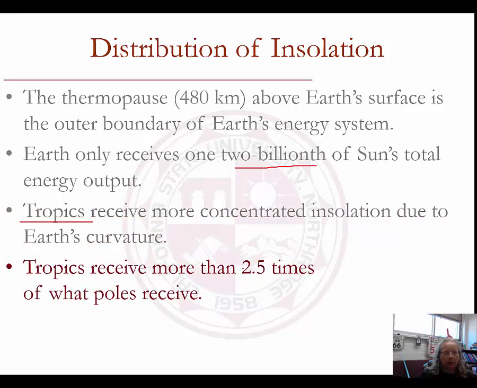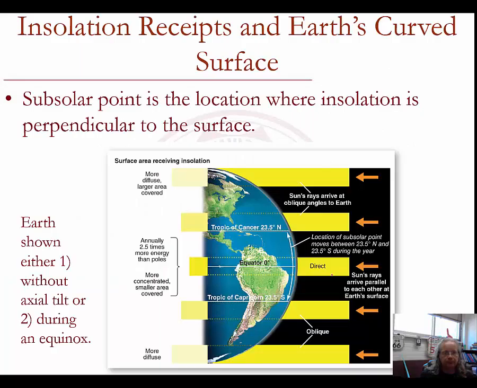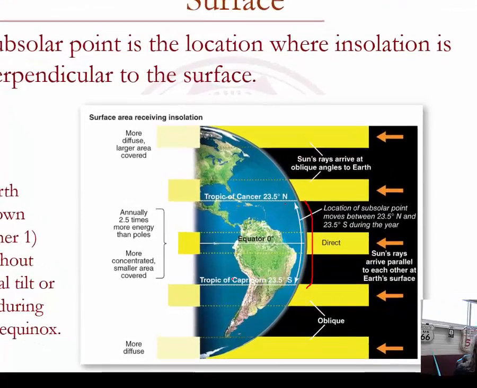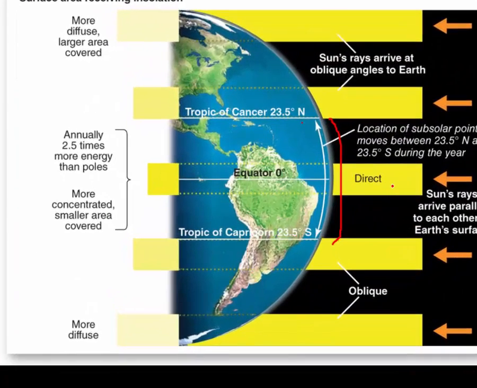The areas near the equator receive more than 2.5 times the total energy that the North and South Pole receive. That's because the Earth receives the most direct sunlight between the Tropic of Cancer and the Tropic of Capricorn.